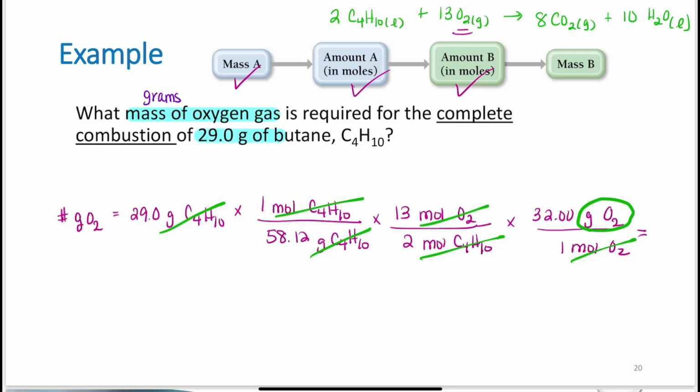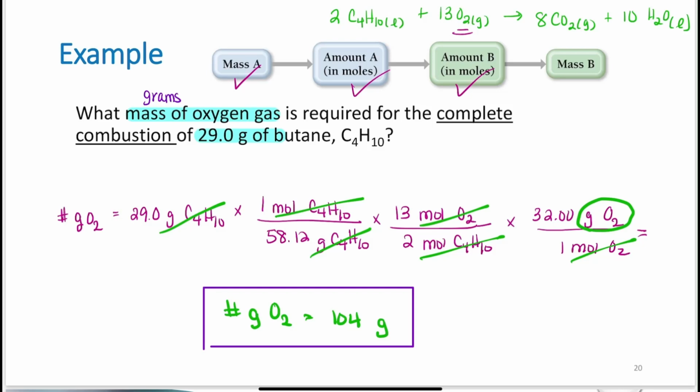Okay, so what I find, the number of grams of O2 equals 104 grams. So it will take 104 grams of O2 to completely react 29 grams of butane.